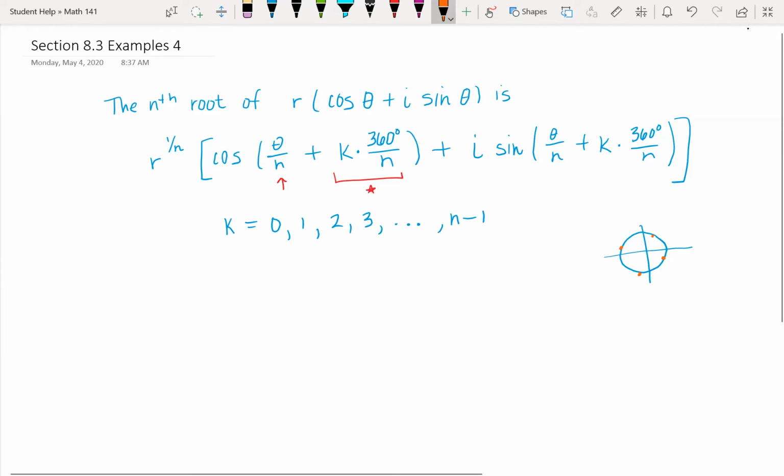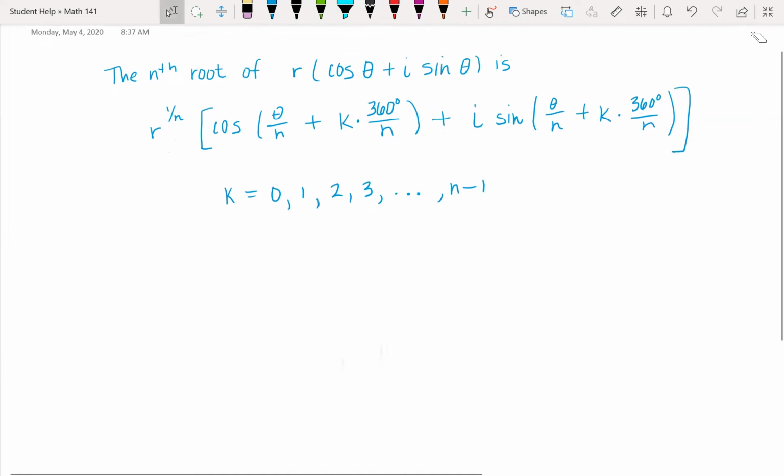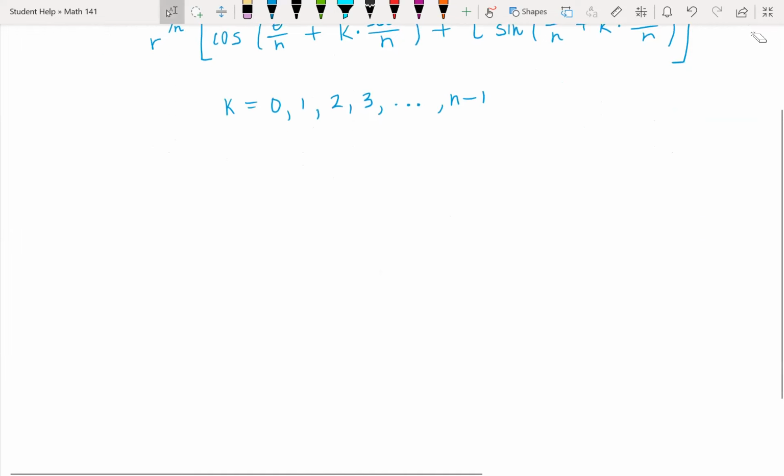So what I'm suggesting is that we just find the first angle, which is that theta over n, and then we can find the other angles by adding the appropriate degrees. So let's do an example.